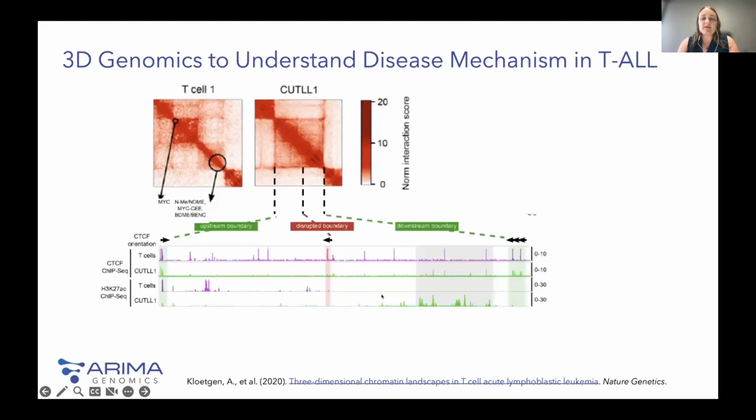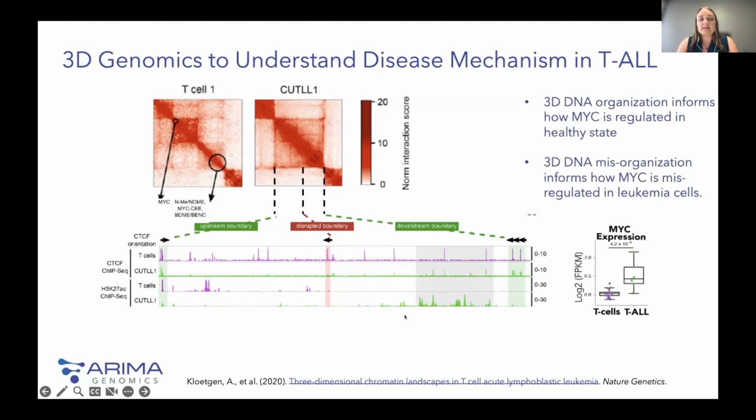Looking at some of the associated multiomics data, we can see that the CTCF binding site near the domain boundary has been lost. And there's also an increase in the H3K27 acetylation signal in the area surrounding the superenhancer. Together, these data suggest that the superenhancer has been turned on and brought into proximity to MYC, leading to a misregulation of the MYC gene, which we also see in the gene expression data.